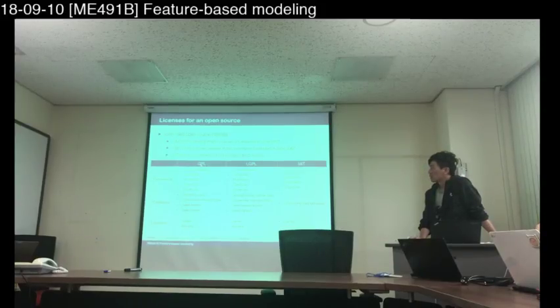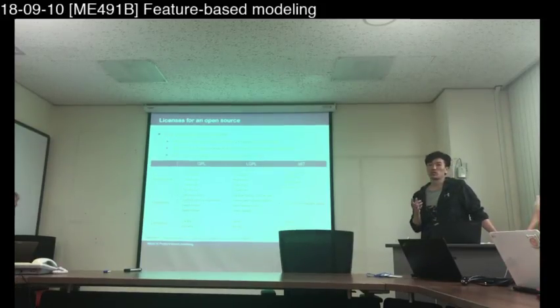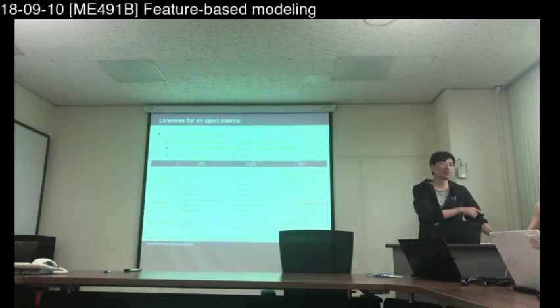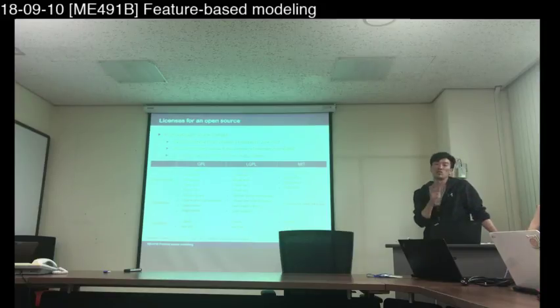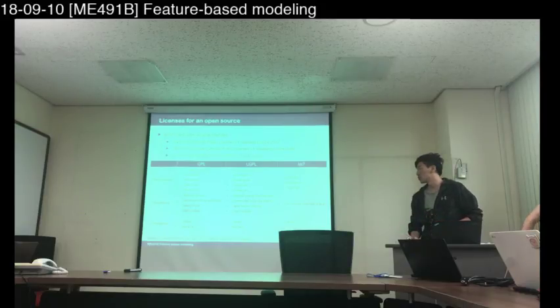GPL and LGPL are very similar, but the different thing is disclosing the source. When you use some open source software that uses GPL, then you must choose GPL. That is the condition. But the LGPL is softer.